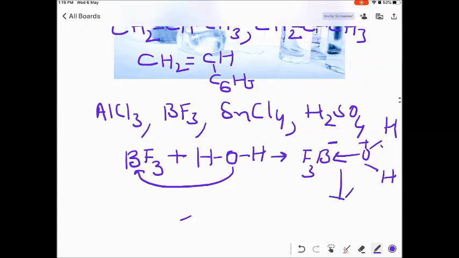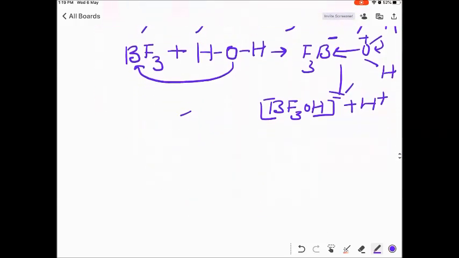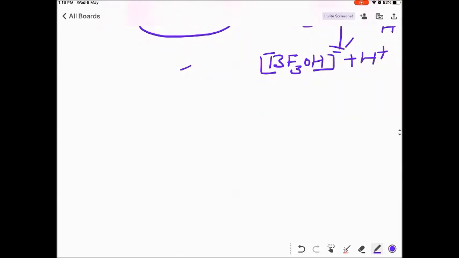Eventually it results in release of a proton, which gives us BF3OH negative plus H positive. This proton will initiate the polymerization of isobutylene. Let us write the reaction.